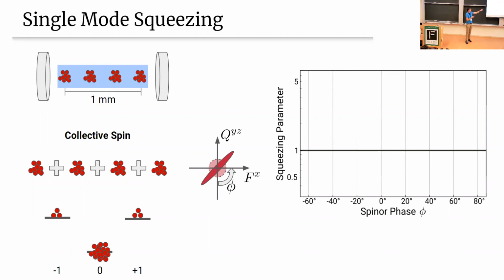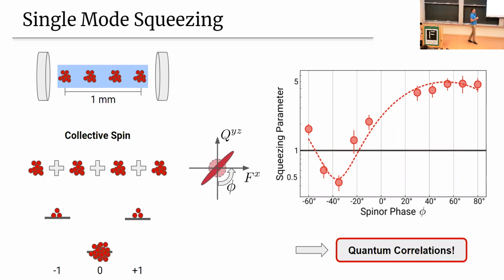Now if we use this squeezed state, after the interaction we see reduced fluctuations over here and enhanced fluctuations over here. This is the signature of a squeezed state, and with that, we have shown that we indeed have quantum correlations in our system. Okay, so this is the first step to show quantumness, but now you want to go further.